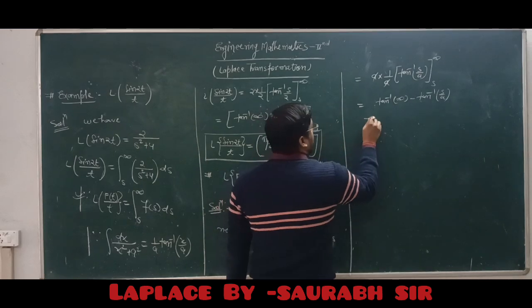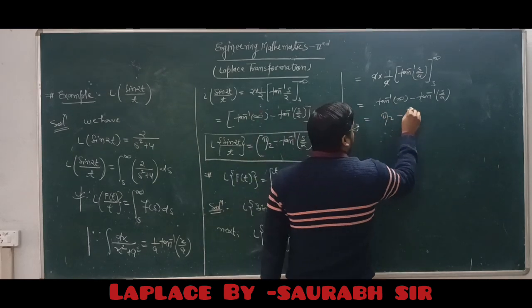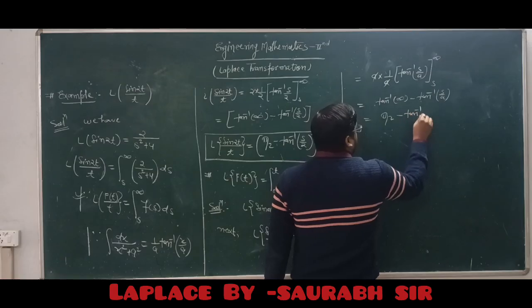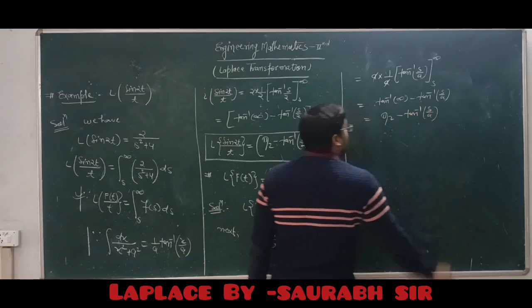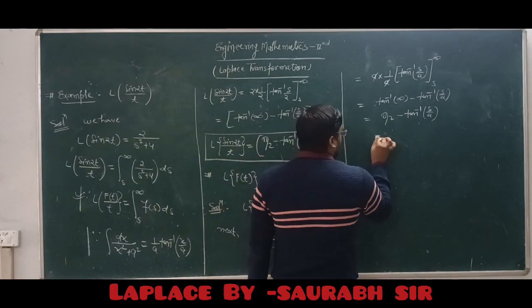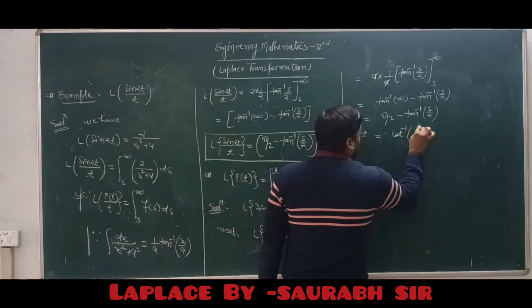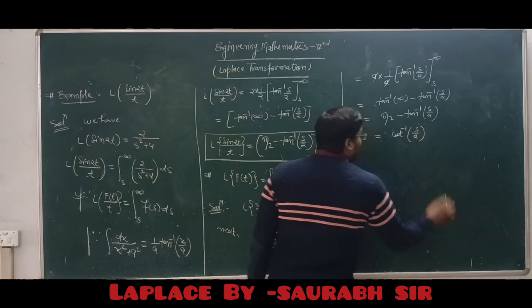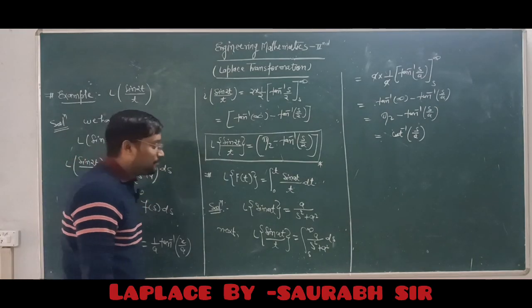You solve this value is also pi by 2 minus tan inverse s by a. You can write this by inverse trigonometric function. You write now cot inverse s upon a.